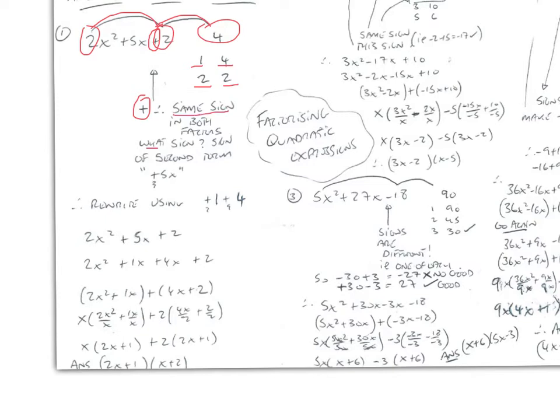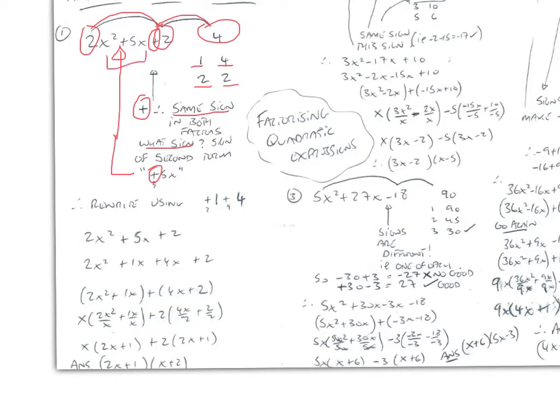But what will that same sign be? We need to look at the sign of the second term, and it's plus. So our answer will have two pluses in it. The next step is to rewrite this plus 5x.